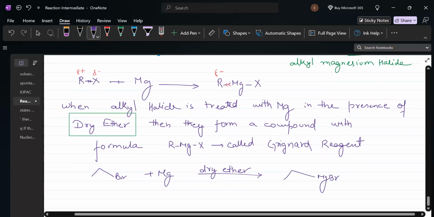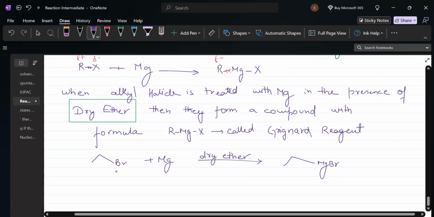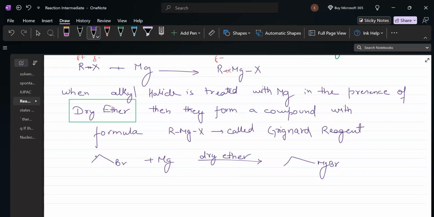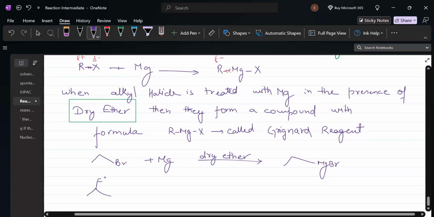Okay, can you see, Khadija and Yahya, that this magnesium is going in between this carbon and the halogen, right? Yes, sir. In a similar way, these are very simple things, but you just have to understand it one time, and then you can repeat it several times.